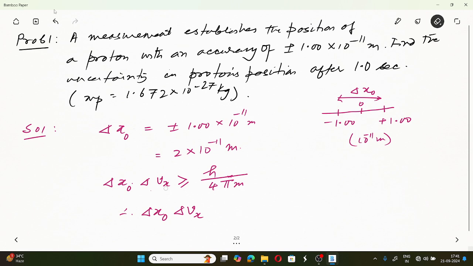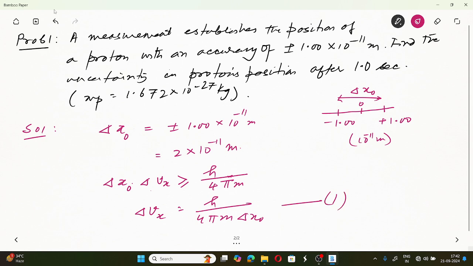So let us find the value of delta vx, the uncertainty in the determination of velocity. So delta vx equals h by 4 pi m delta x 0. You can substitute these values, but I'm not substituting it directly. So let it be equation 1. This is the uncertainty in the determination of velocity initially.